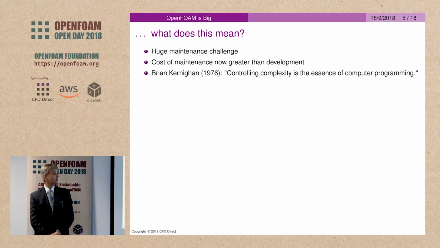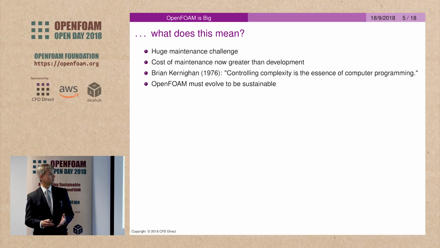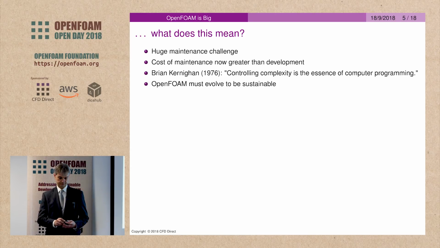Brian Kernighan famously quoted, "Controlling complexity is the essence of computer programming." This was in 1976. And this is really true. This is always true. And we must evolve OpenFOAM for it to be sustainable.